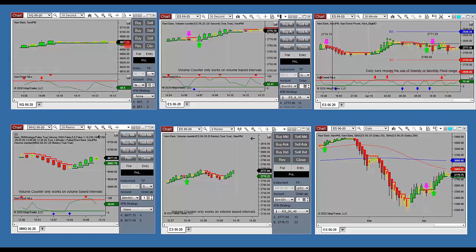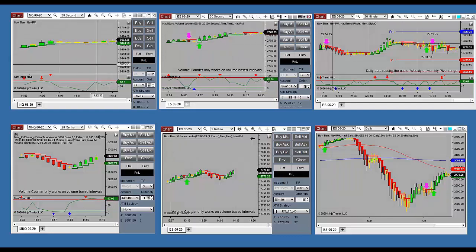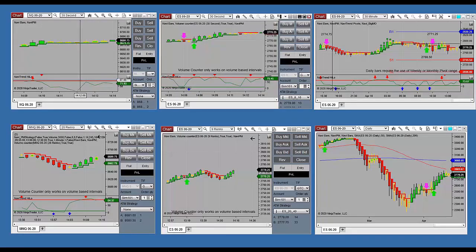Same thing on the E-mini. At some point in the near future, we're going to break above or below this consolidation. If we break above it, we'll likely go higher. Break below it, we'll likely continue down. All right, so that's consolidation.